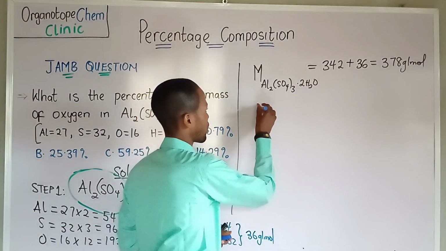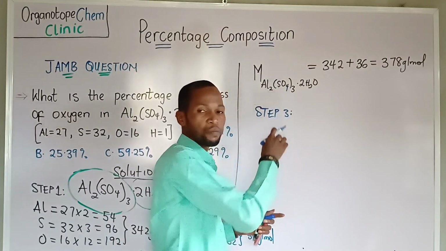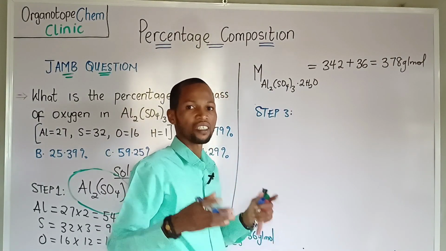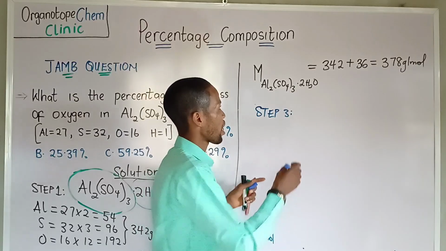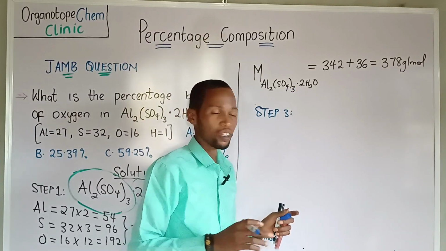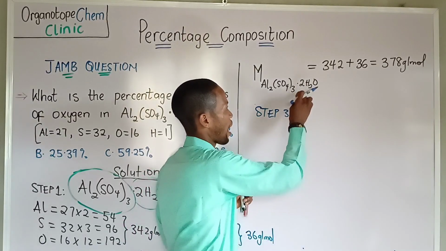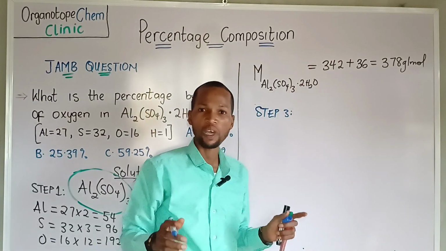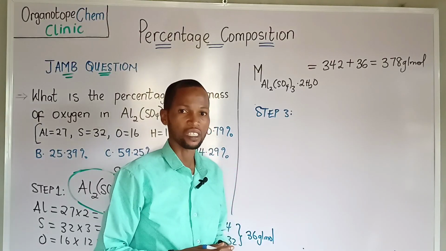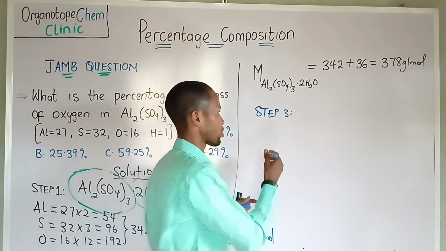We have step 3. In aluminium tetraoxosulfate 6 dihydrate, we have 4 times 3 atoms of oxygen here. That's 12. Okay? And also in the water of crystallization, we have 2 atoms of oxygen. So 12 plus 2, that is 14 atoms of oxygen.